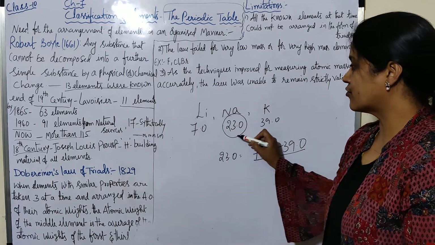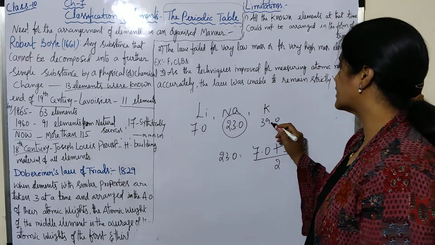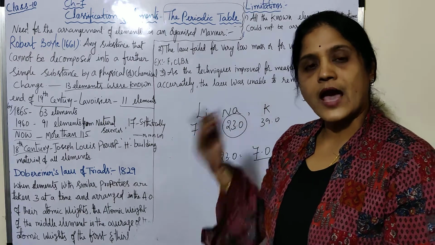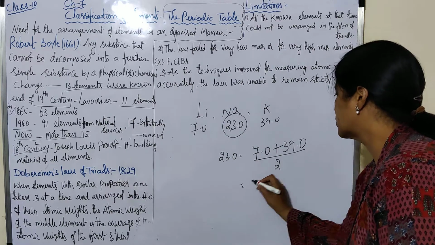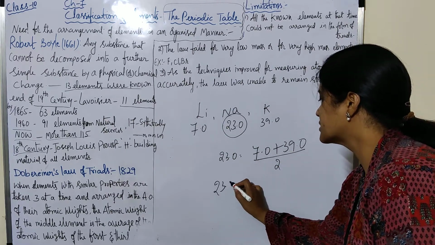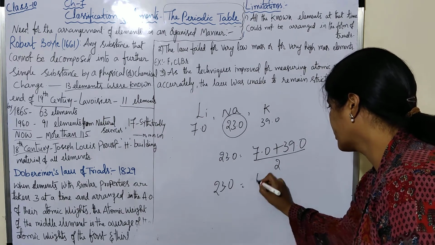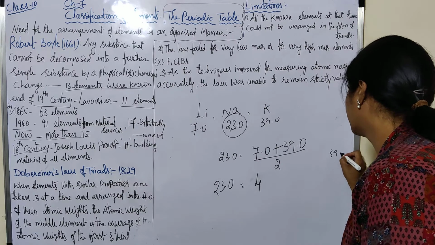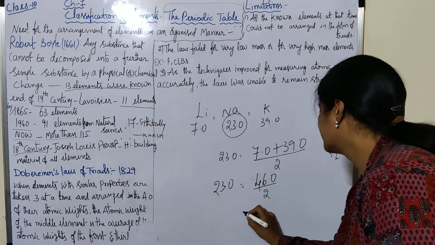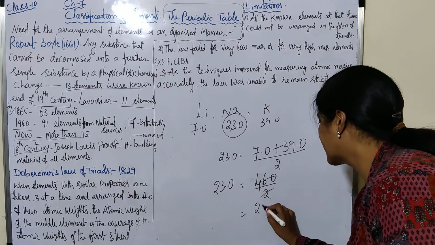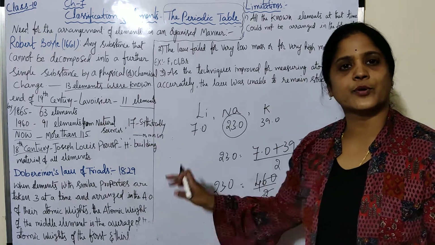So when you add the first and last, this is the left side, then how much will you get? When you do the cancellation, you will get 23 only. So in this way he proposed the law.